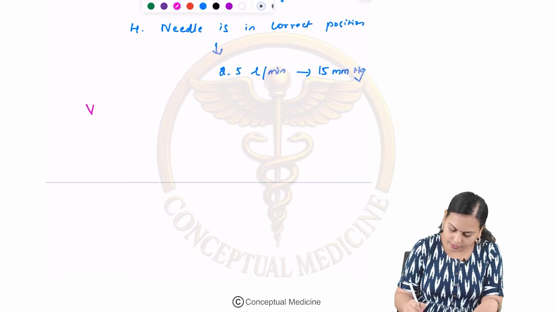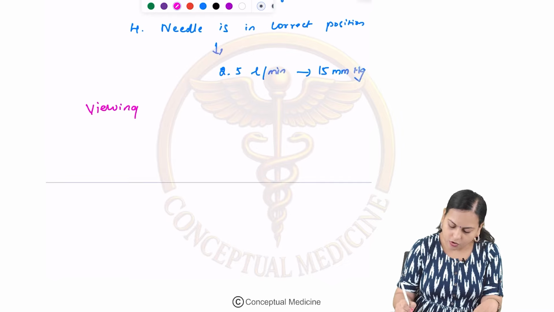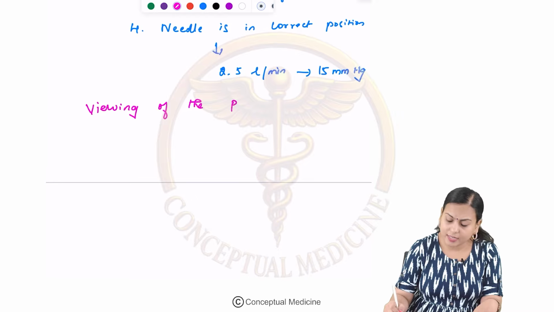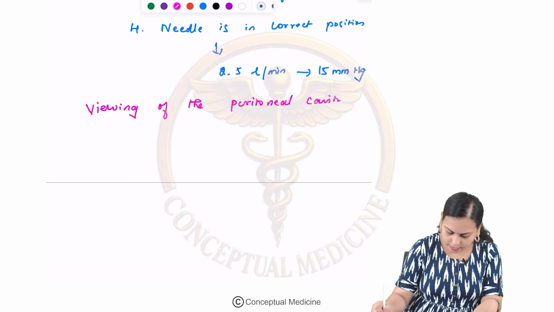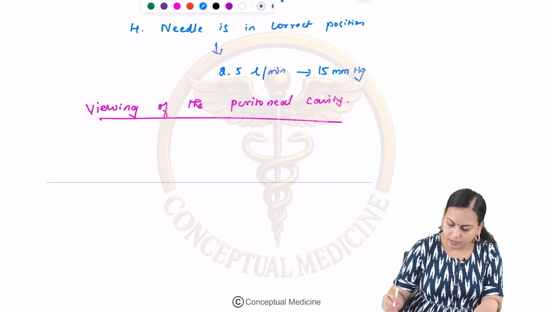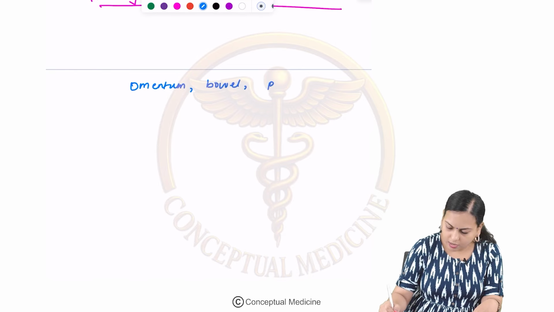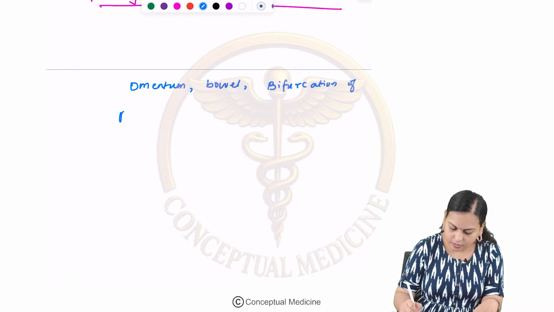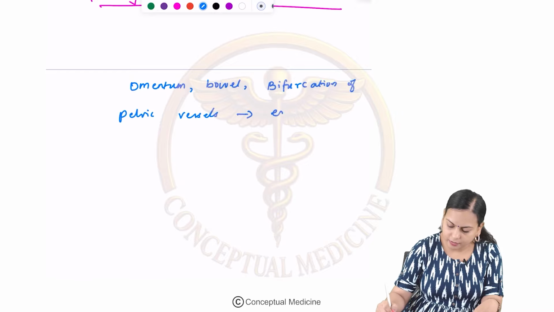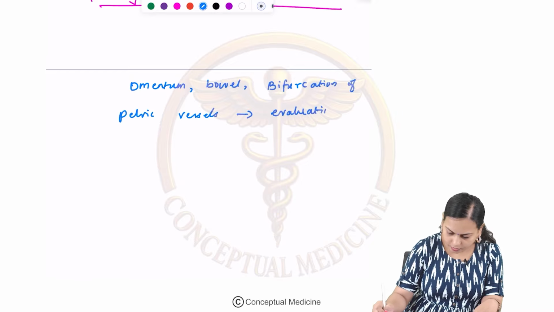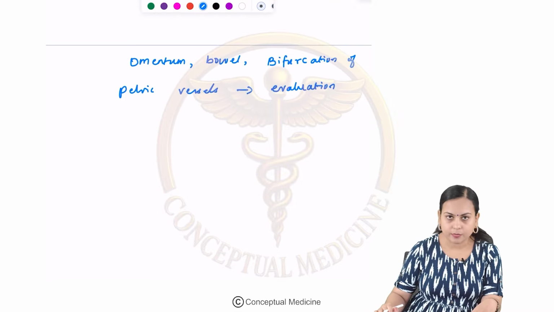Now, how will be the view of the peritoneal cavity? Viewing the peritoneal cavity. The omentum, bowel and bifurcation of pelvic vessels should be evaluated before starting the procedure.